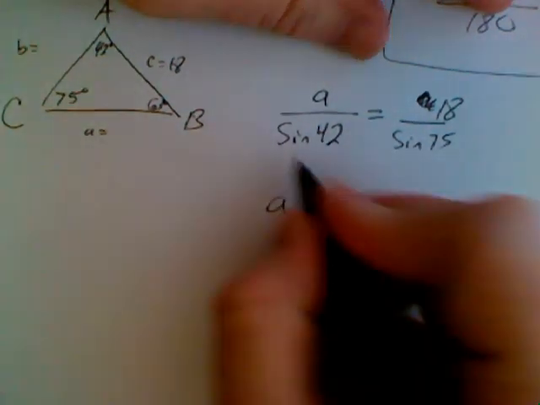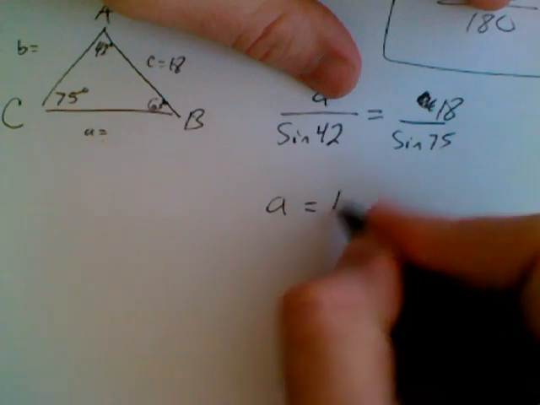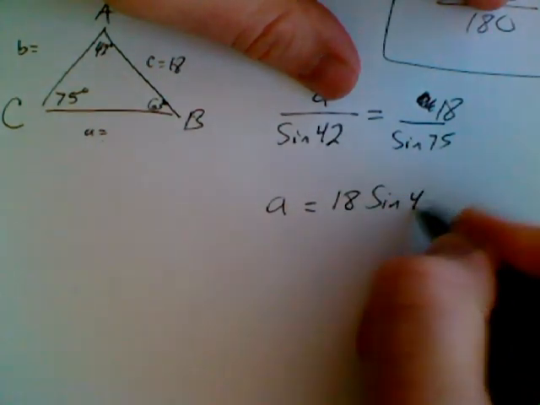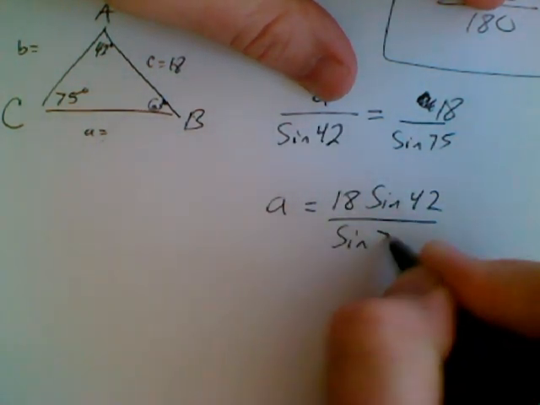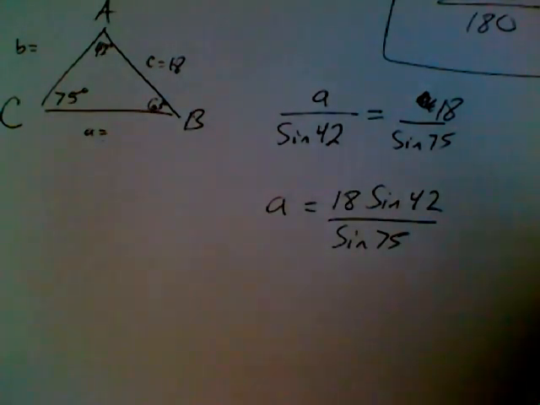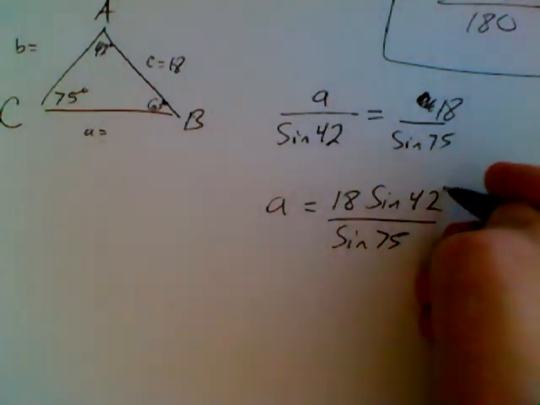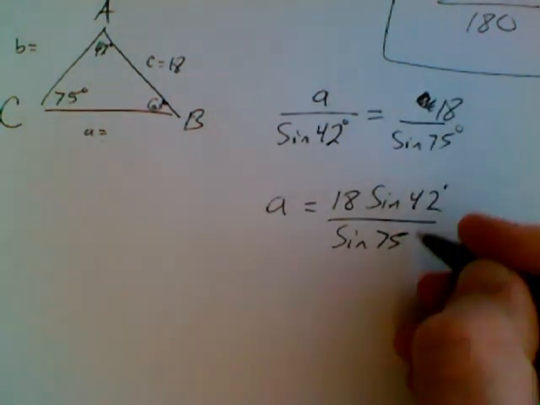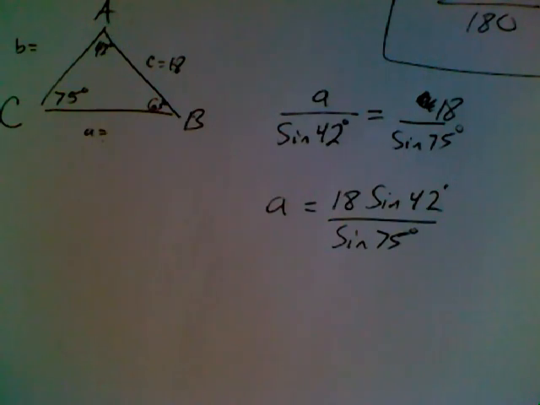I'm going to get a by itself, multiplying both sides by sine of 42. This is 18 sine of 42 divided by the sine of 75. Again, making sure my calculator is in degree mode, or just making sure I plug in the sine of 42 degrees and the sine of 75 degrees appropriately. I'm going to have 18 times the sine of 42 degrees divided by the sine of 75 degrees.